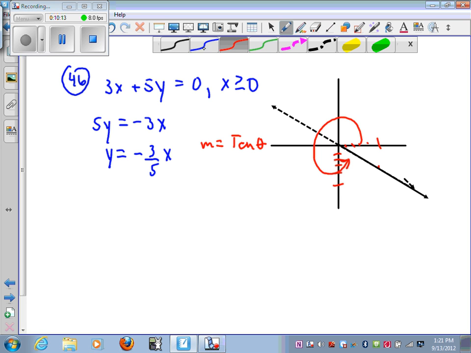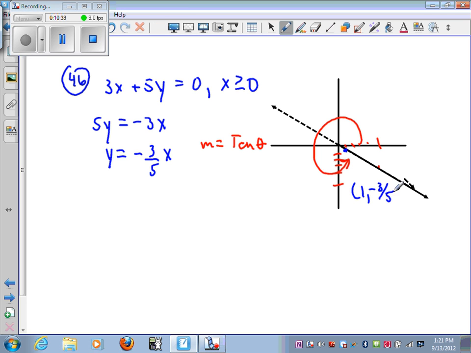So now the easiest way to do this is to take a point where x is +1, and then y would be a -3/5. So there's a point out here on that line where x is 1, and if x is 1, then y is a -3/5. And then calculate your ratios.